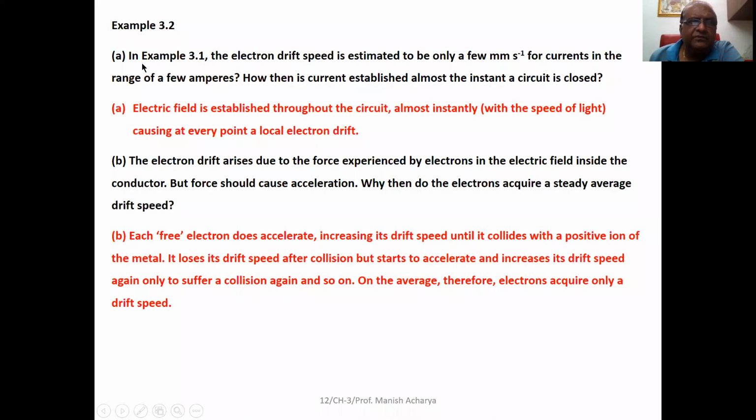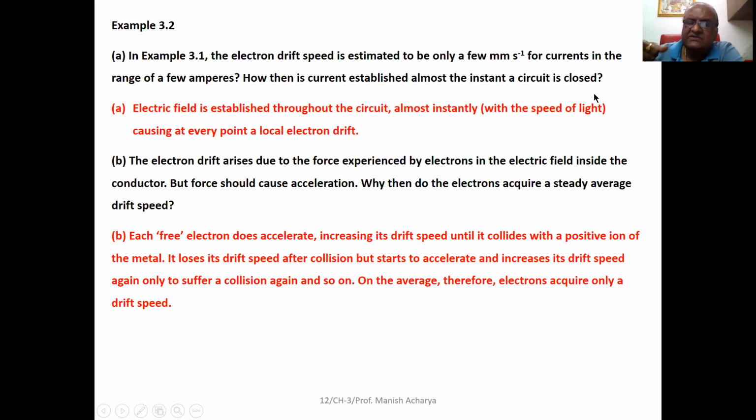Example 3.2. A. In example 3.1, the electron drift speed is estimated to be only a few millimeters per second for currents in the range of a few amperes. How then is current established almost the instant a circuit is closed?